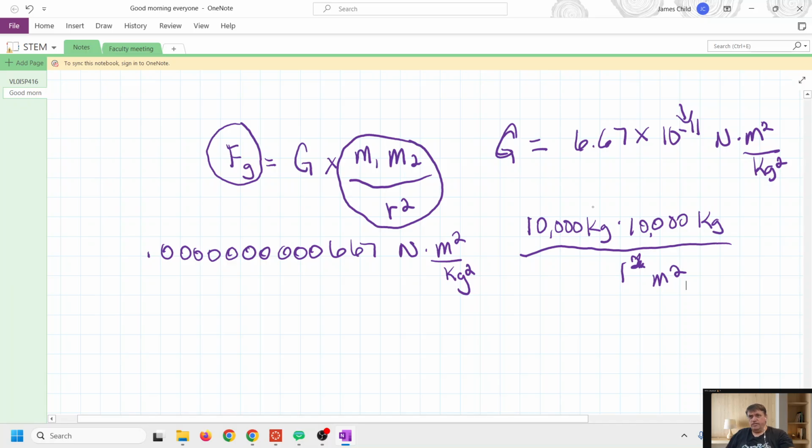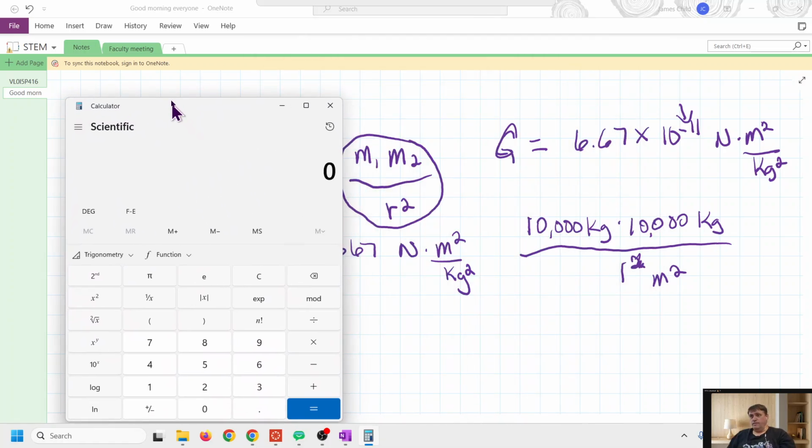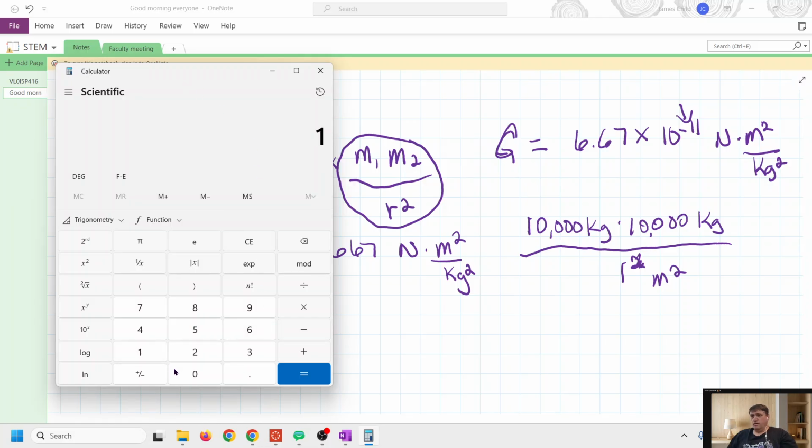Let's pull our calculator up. So this is two really big objects. 100,000 times 100,000 equals, and I did 1 meter squared, right?